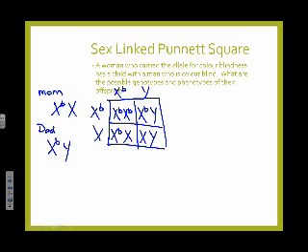Just your regular Punnett squares. The only thing that you need to remember is that it's sex-linked. So we're looking at the sex chromosomes. So your letters are going to be X and Y. And then the allele that you're looking at is going to be a superscript.